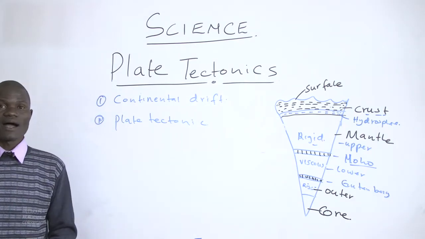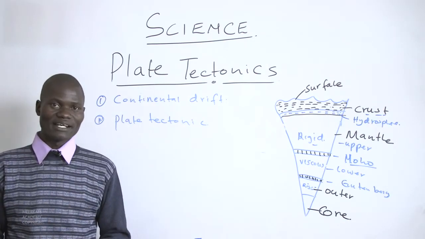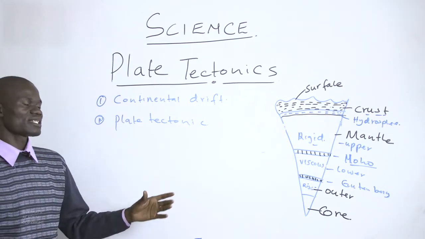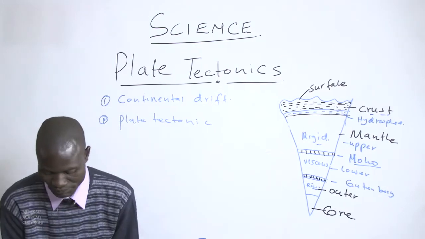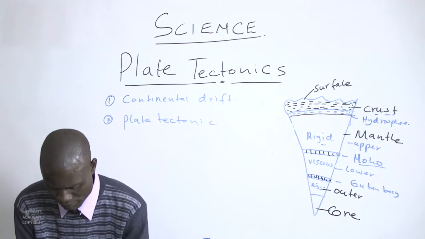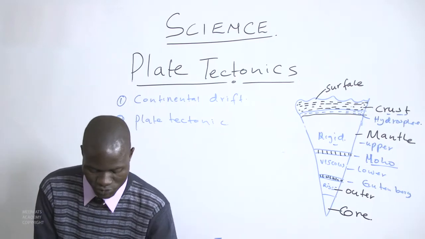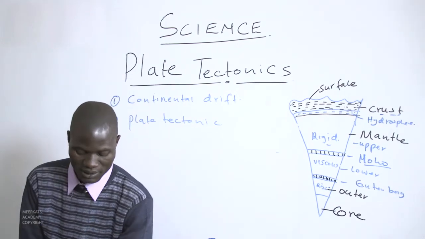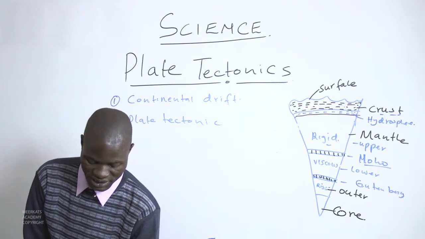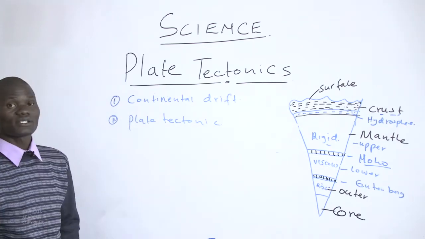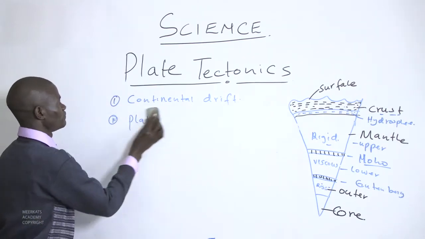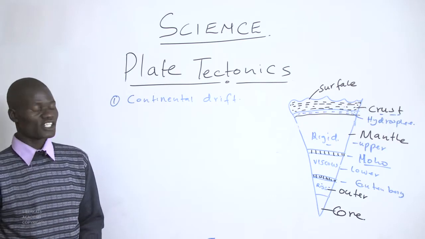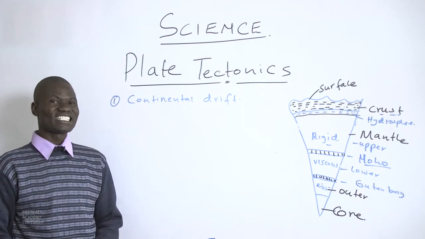These two theories are very essential, and they explain the movement of the Earth's crust, that is, the lithospheric movement. As we move on, we'll see what happens. Now, let's begin with the continental drift theory.